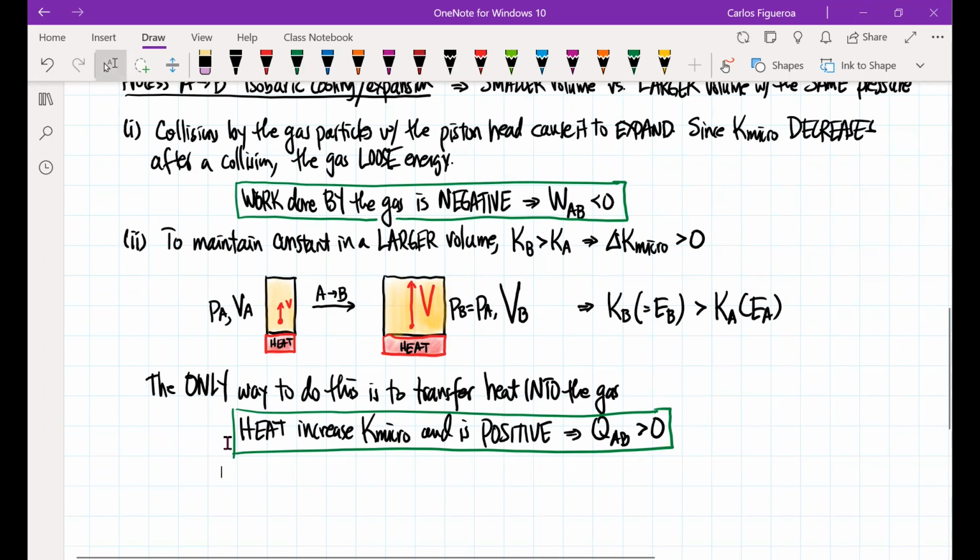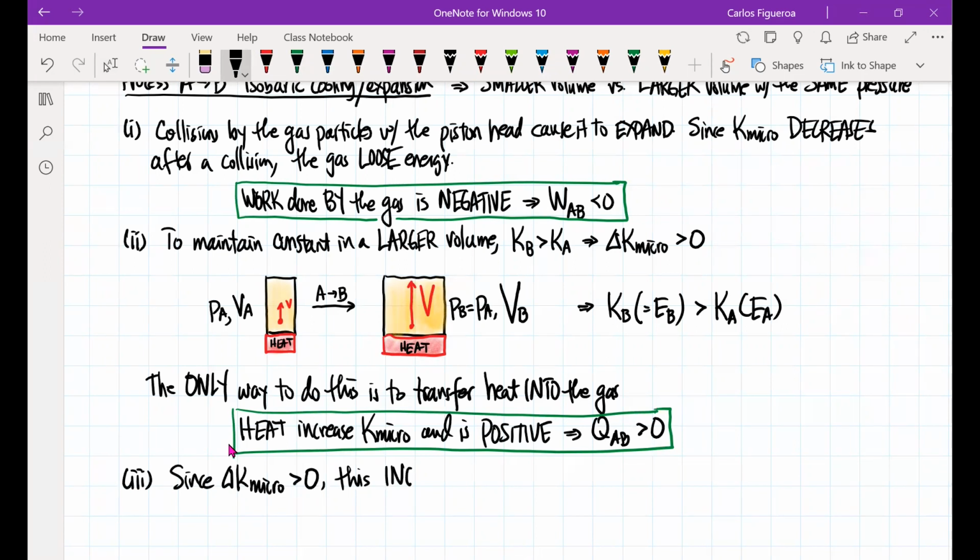So now we've already stated a couple of times here that since the change in K micro is greater than 0, this increases temperature. K micro is also the internal energy of the gas.